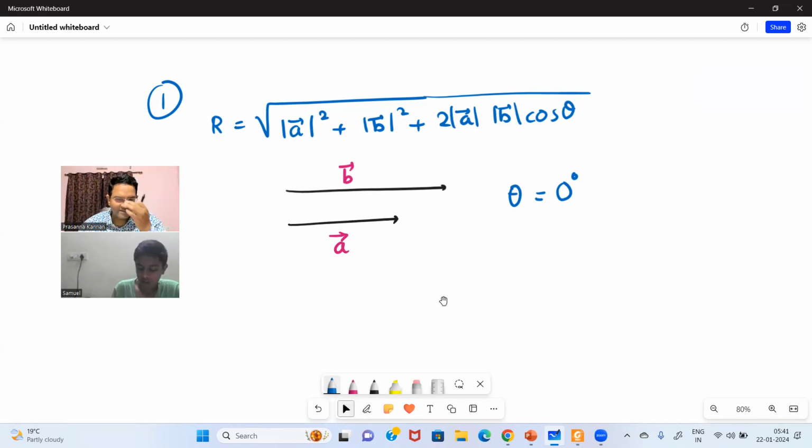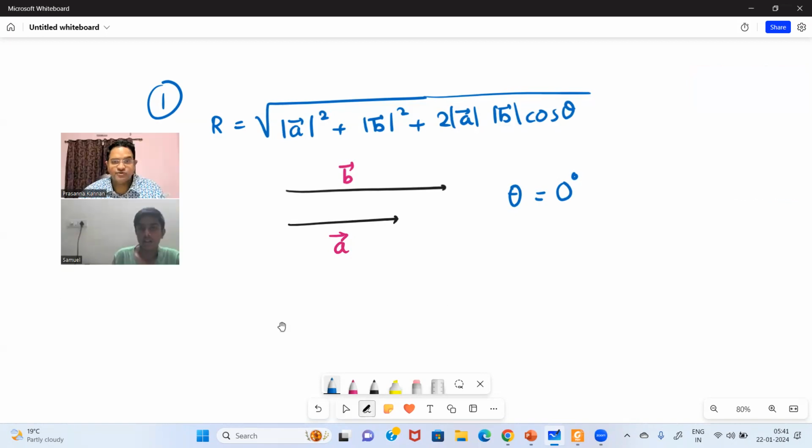If two lines have the same slope, then the angle between them is 0. Yes.